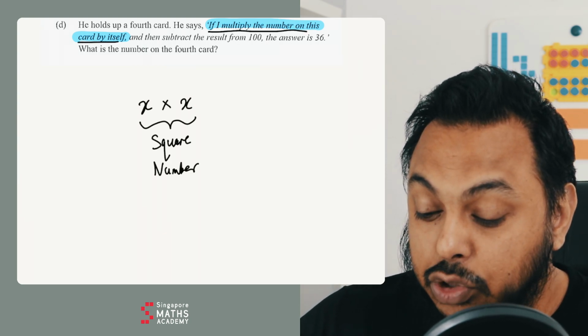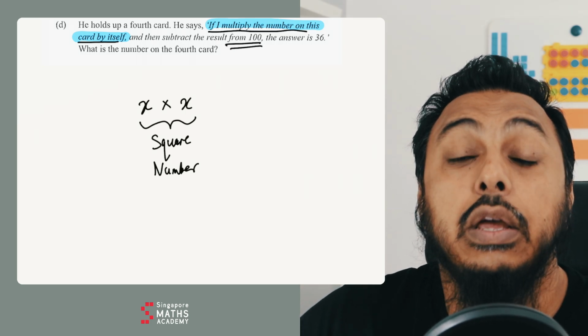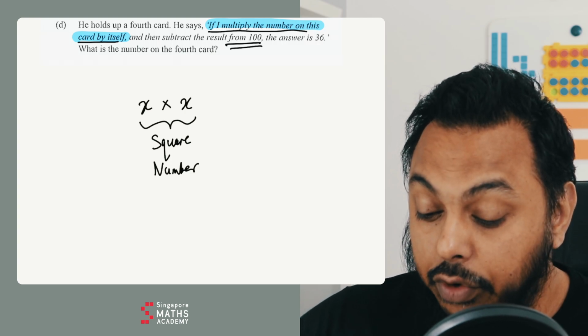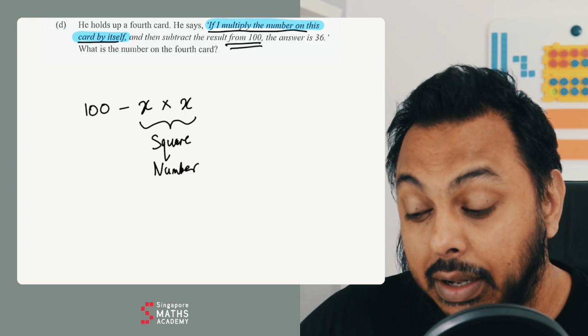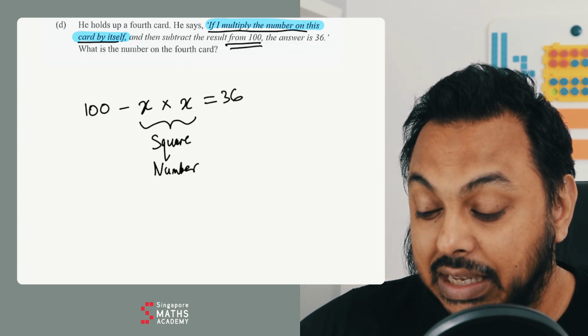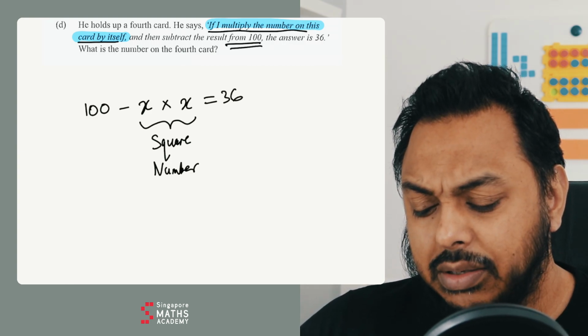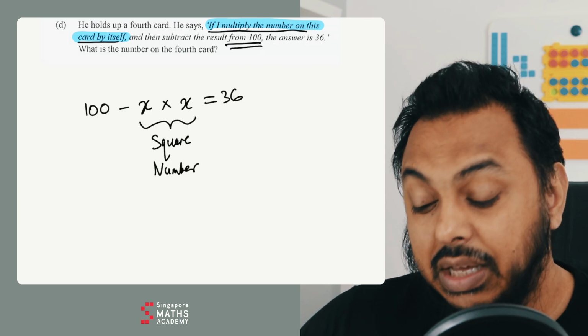And then when I subtract this result from 100, the key word there we have to look out for is the word from. From 100 means I start off with 100 and I subtract this square number, and that gives me 36, right? So what number, if I take it away from 100, gives me 36?